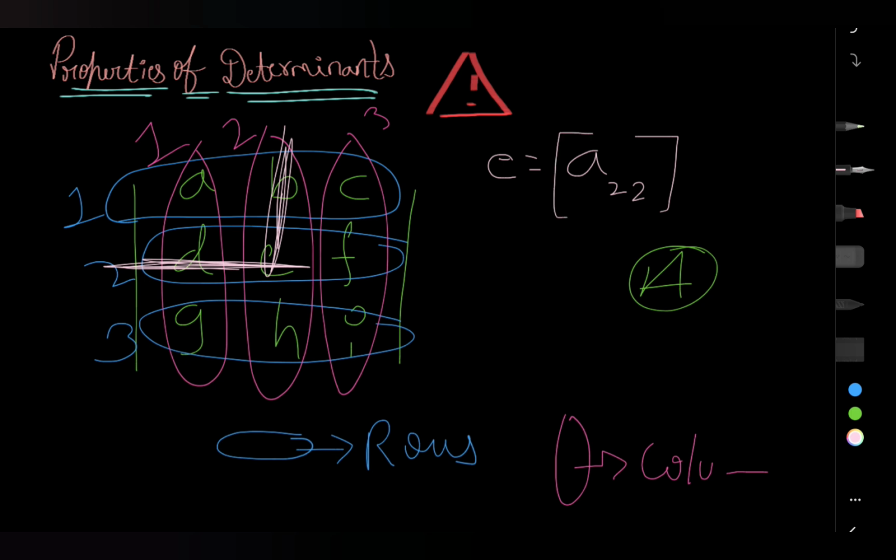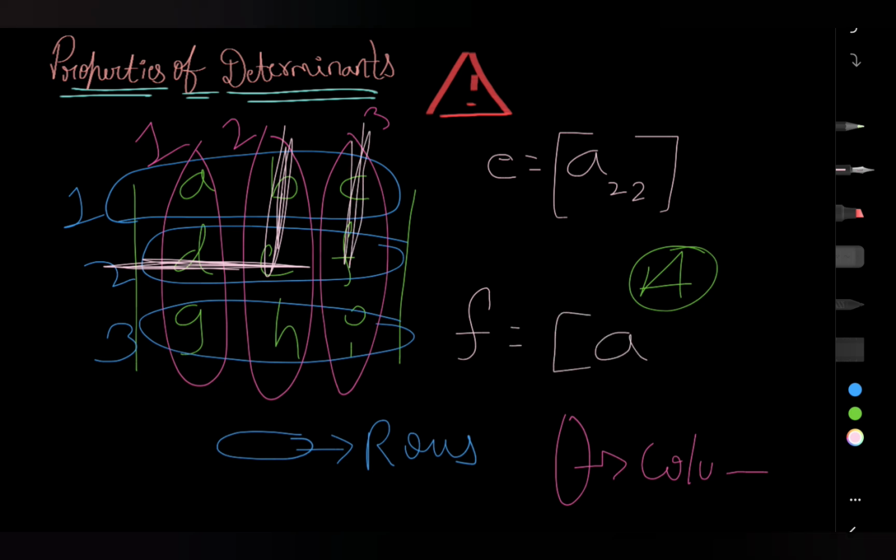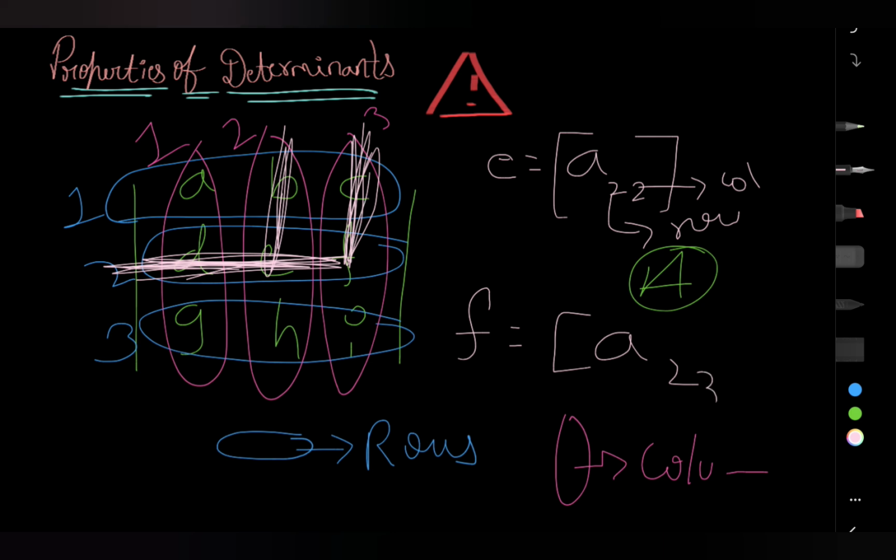If I'm taking F, it is in the second row and third column, so it is A23. This is the representation.